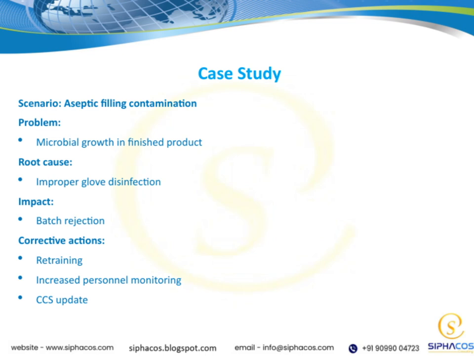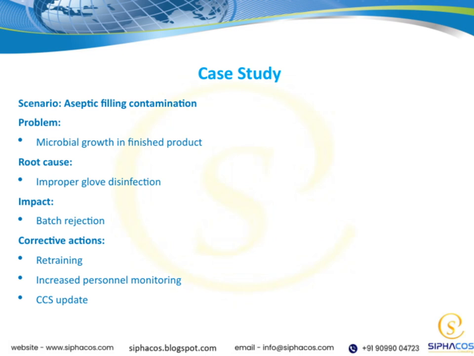The impact of this contamination was batch rejection, meaning the entire batch had to be discarded, resulting in financial loss and potential delays in production. To correct this, the team took several actions. First, retraining staff on proper hygiene and disinfection procedures was essential to prevent recurrence. Then, increasing personnel monitoring helped ensure compliance with these protocols.